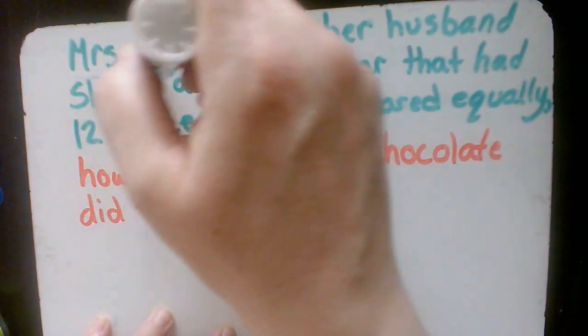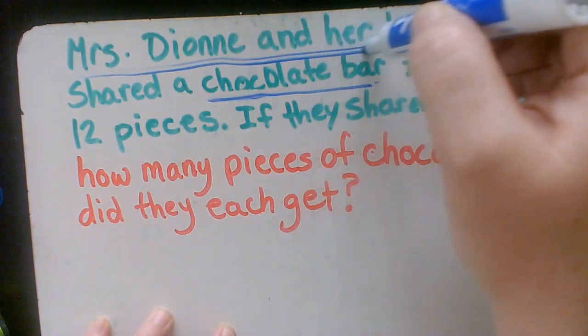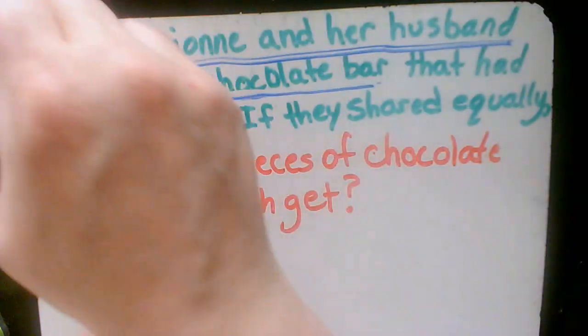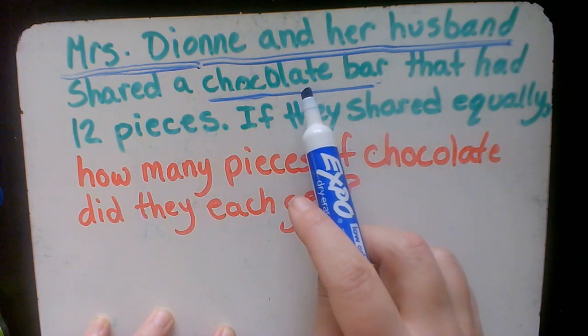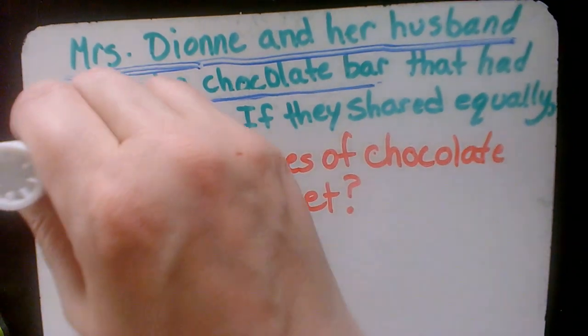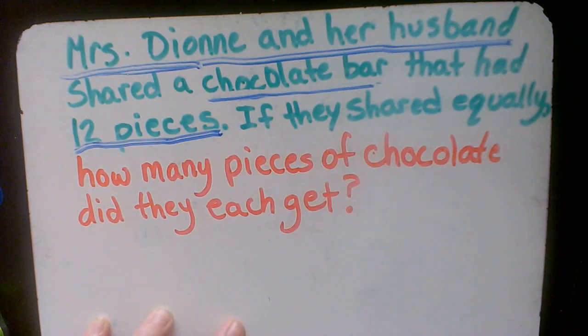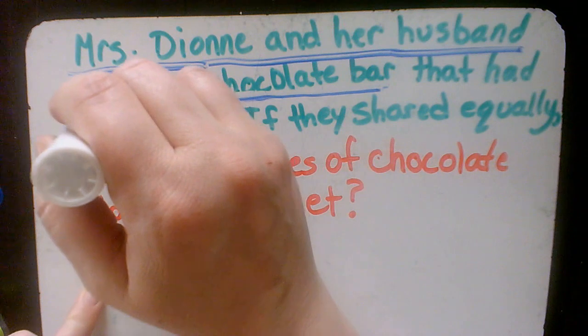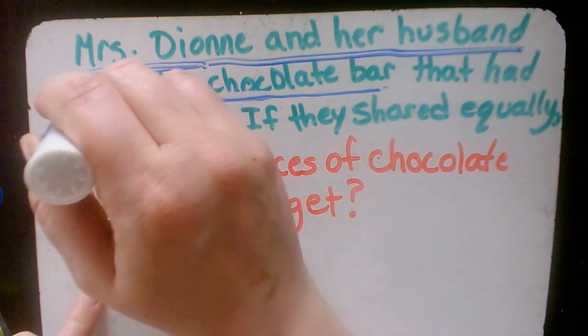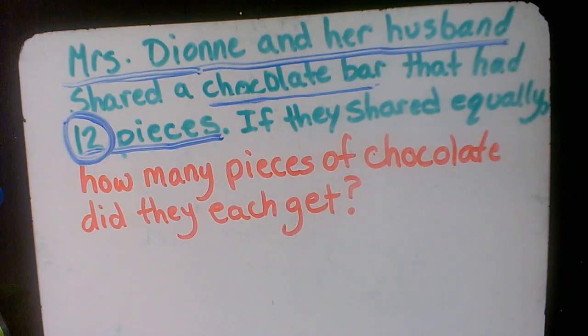So in this problem, it's myself and my husband. Those are my two groups. The thing that we're sharing is chocolate, and we're sharing 12 pieces. We need to say how many we're starting with. Remember that division starts with the total number.